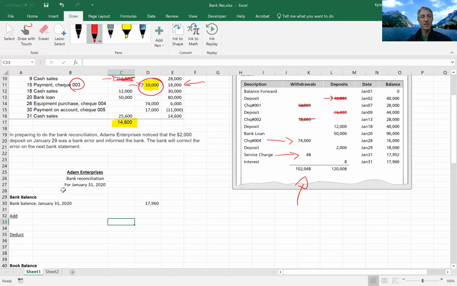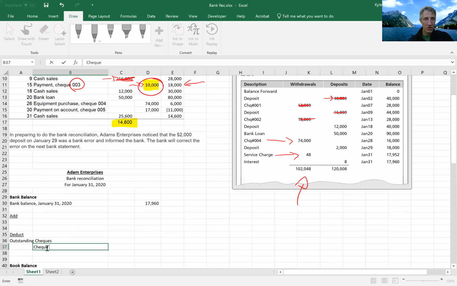So when they deposit it, it will be deducted from what's in the bank. So I'm going to categorize that as deduct under the bank balance section of my template. I'll write outstanding checks. Check 003 and the amount was 10,000.